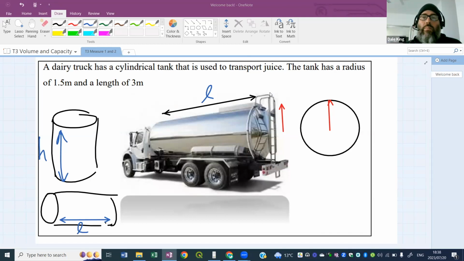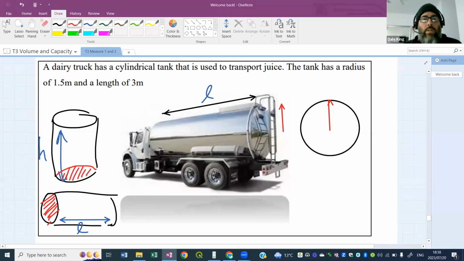Tandro, I wouldn't say base length, because the base of this shape is still the circle. So we had the circle base there when it was standing straight up.